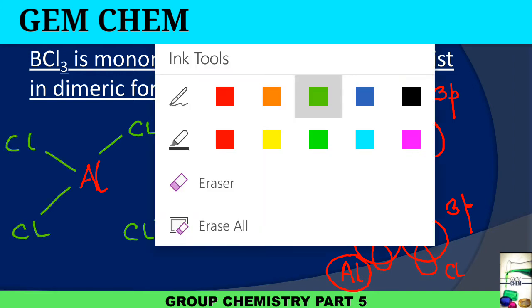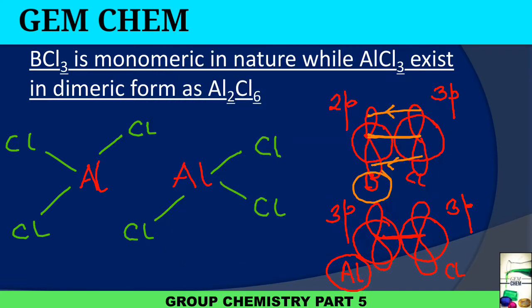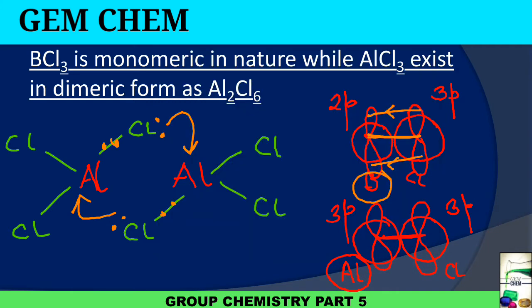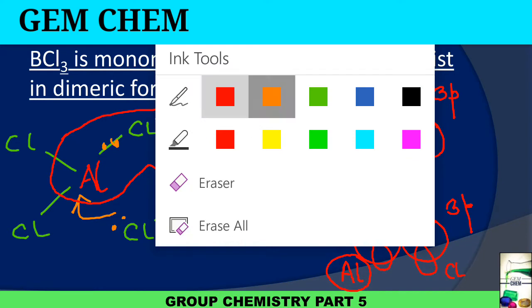As we can see, this chlorine bond present here has 2 electrons, similarly this chlorine also has 2 electrons. Here is a lone pair in the chlorine, as well as here is a lone pair in the chlorine. So this lone pair gets donated to aluminium and this lone pair gets donated to this aluminium. As a result, there is a formation of a banana bond. This is one bond in the dimer and another bond is in this part.